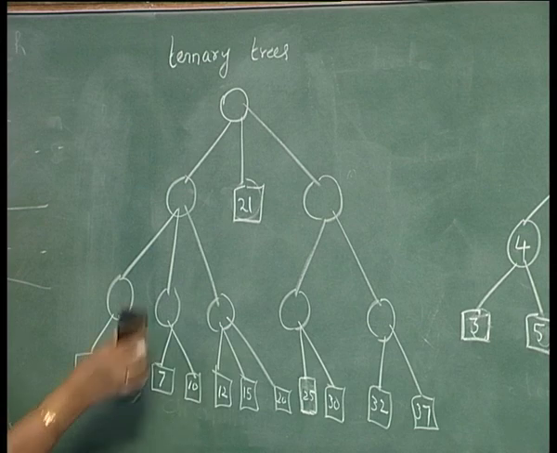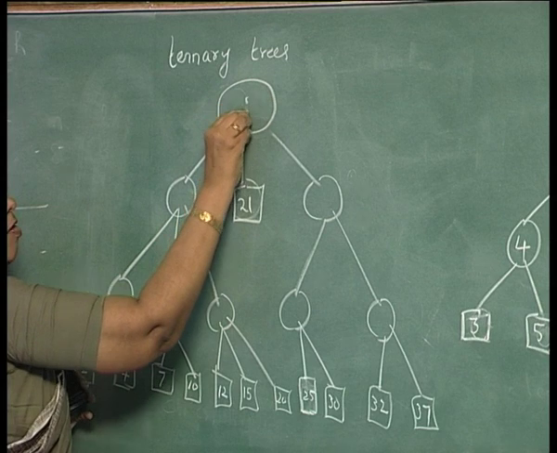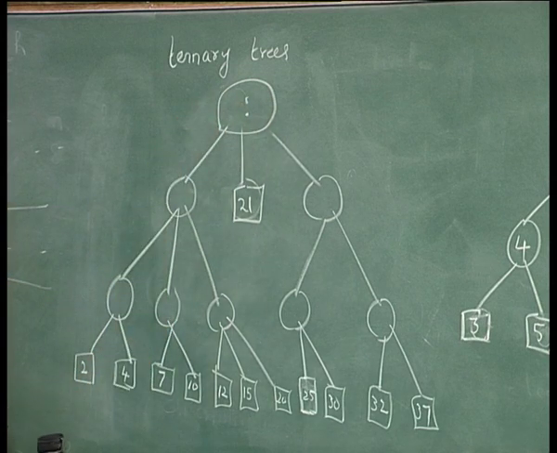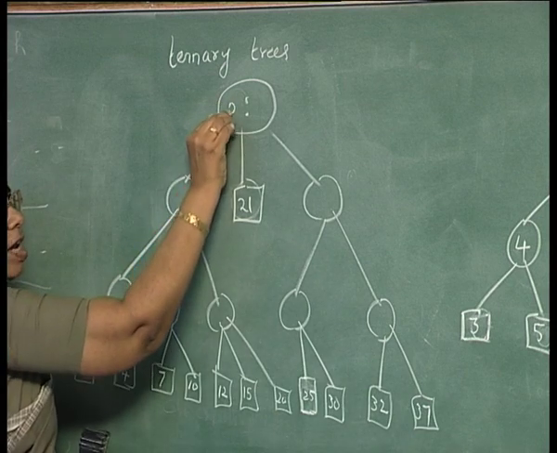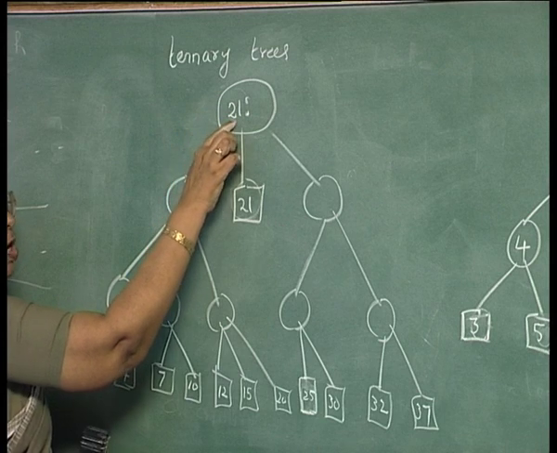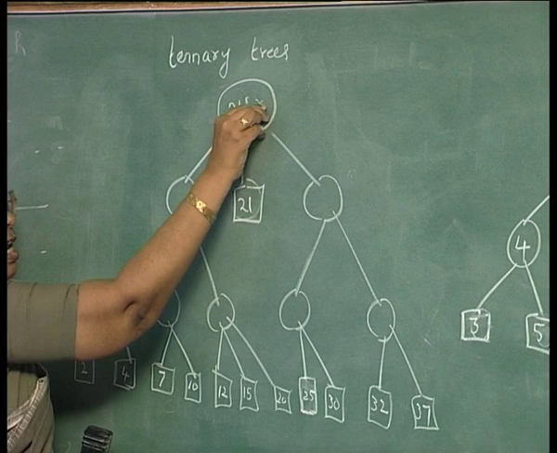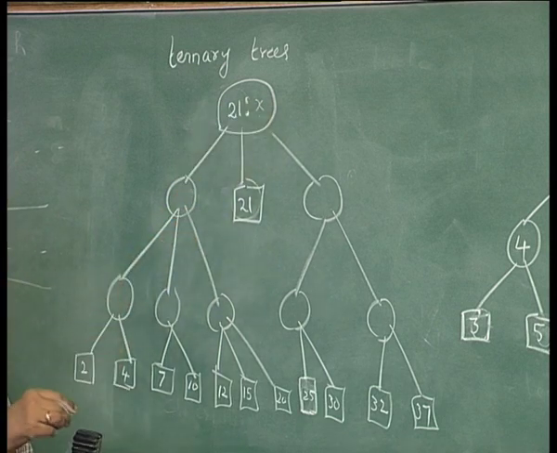Now, when you have 3 sons, this node will have 2 discriminators. The first one here, in this case it can be something like 21, all values which are equal to 21 and the next value x, say, less than x will go to the middle subtree.